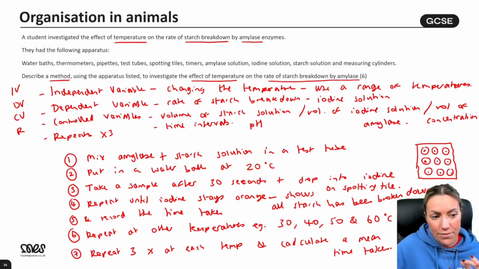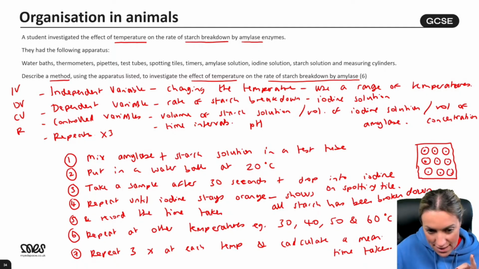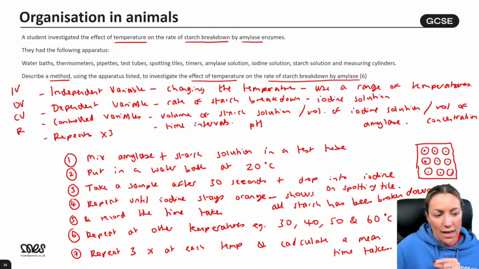Now, the way the examiner is going to mark this, they're not bothered about all the intricacies. They're going to look at it and they're going to think, have they done it at different temperatures? Well, yes. Have they got a basic method that I can follow? Well, yes. Have they highlighted control variables? Now, I did it literally right at the start, at the top of my answer.